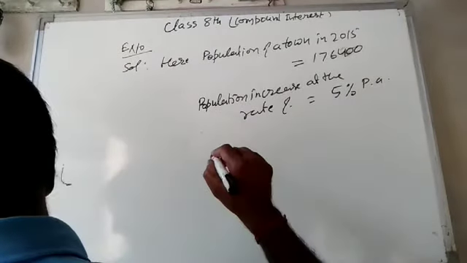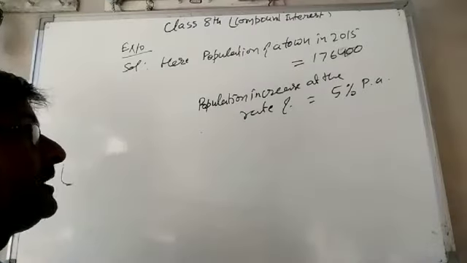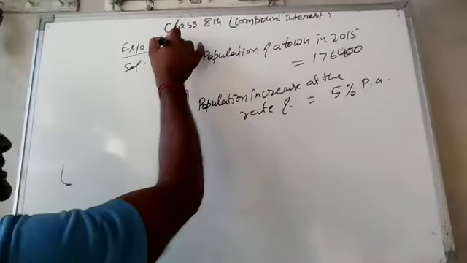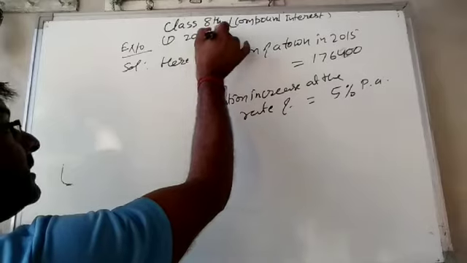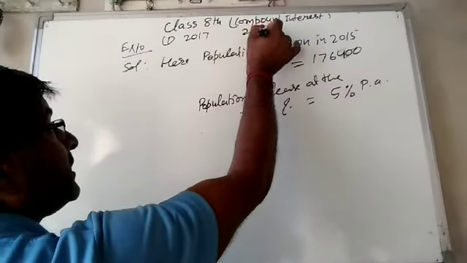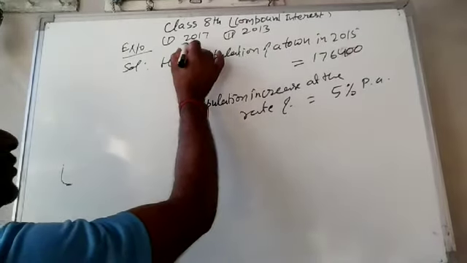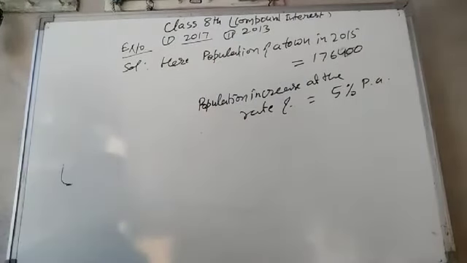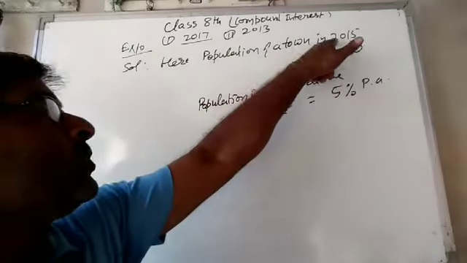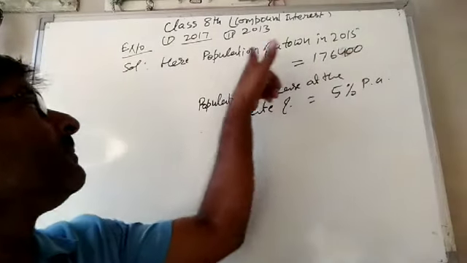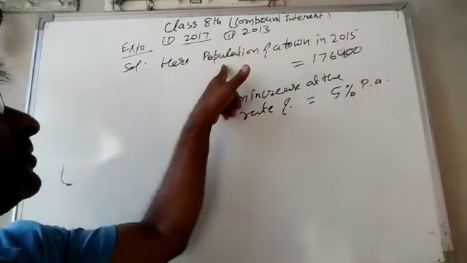Now he is asking the population in 2017. There are two questions: he is asking in 2017 and 2013. As I am telling you, when we want to find the population in 2017, the population of 2015 becomes the principal.